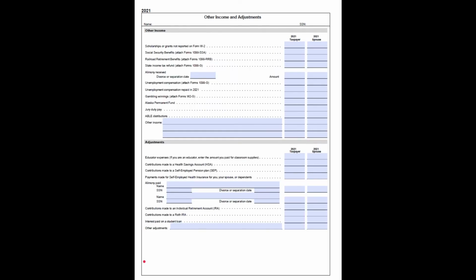Other income and adjustments. This is actually pulling some of the more common forms of income folks may have. So you're going to look through here, and this also serves as a reminder of any income that you may have received. And you want to make sure you're looking here to look for the forms that we do need you to attach.